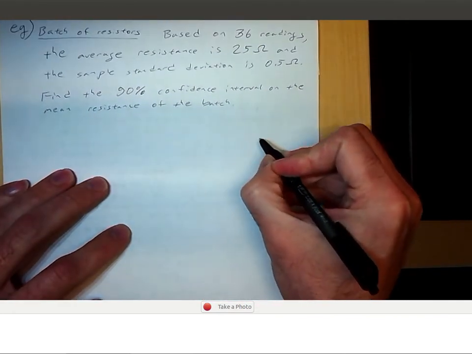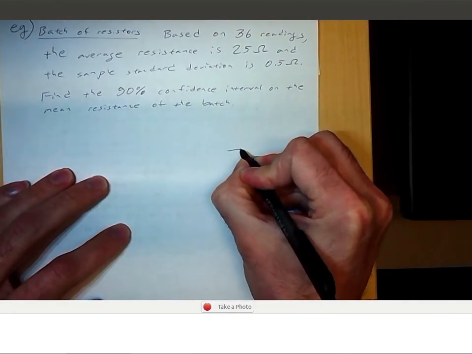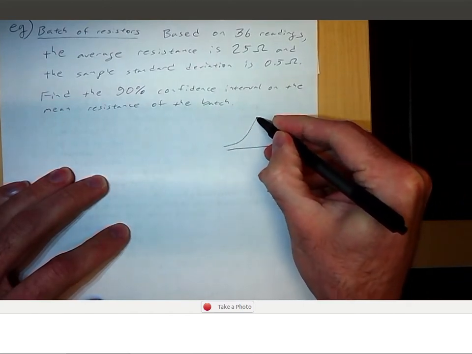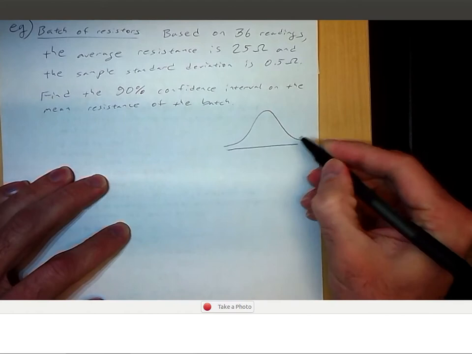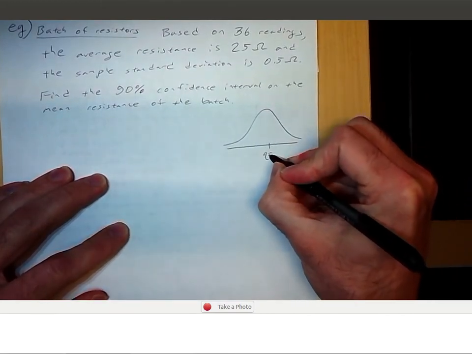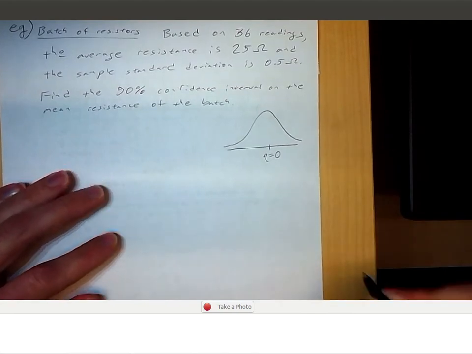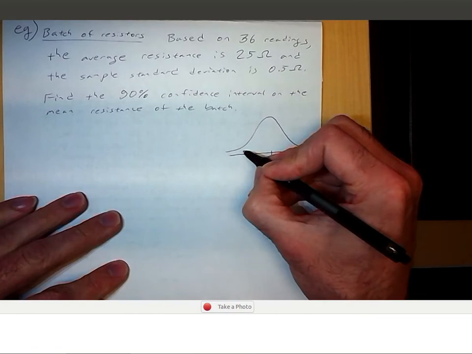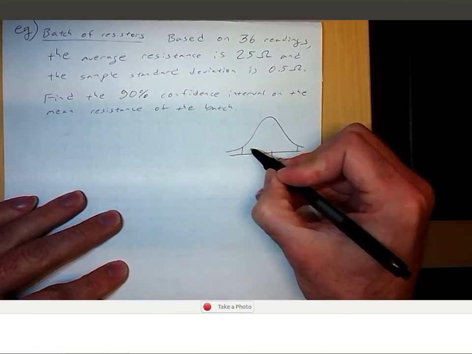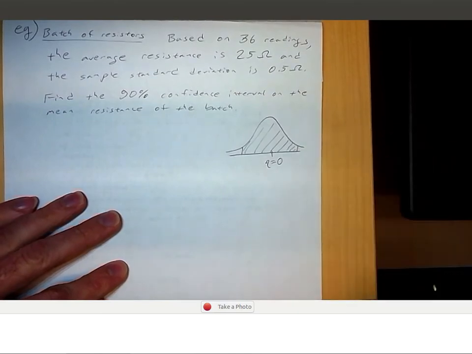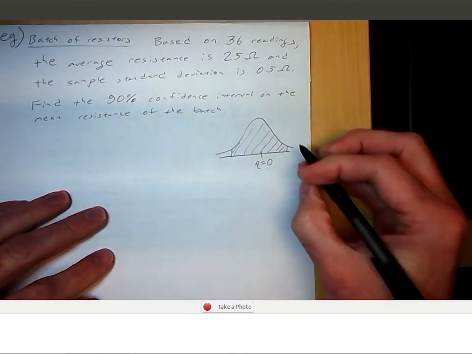So what we're looking at here is a normal distribution, and this is on the variable eta. So the mean is for eta equals 0. And we want to find the values of eta that are in the shaded part.